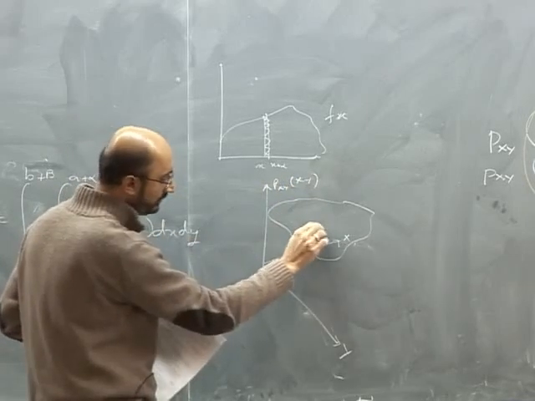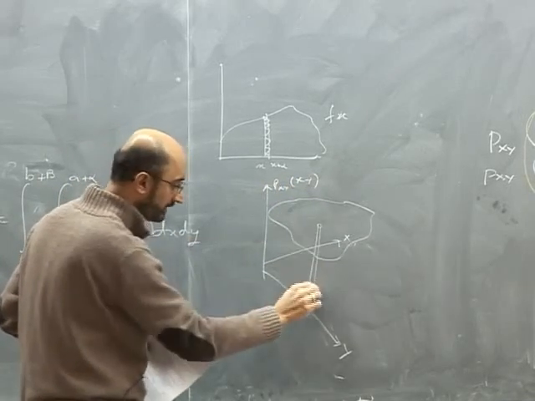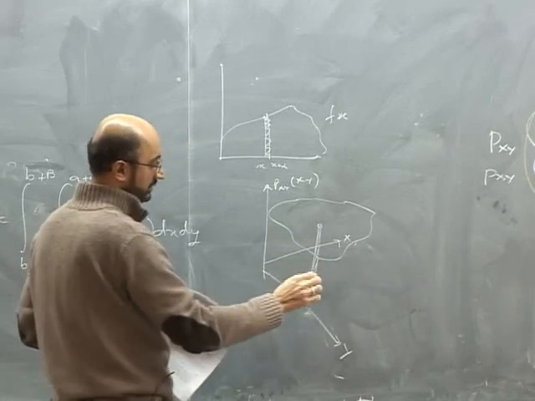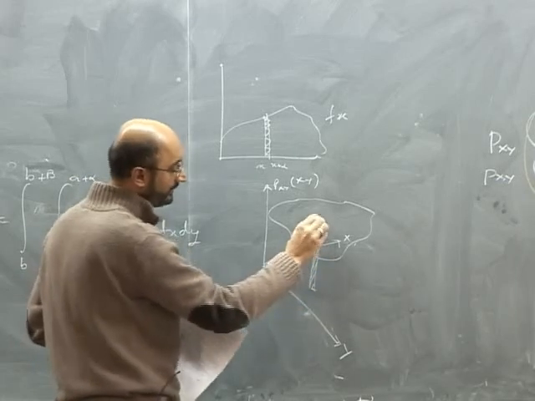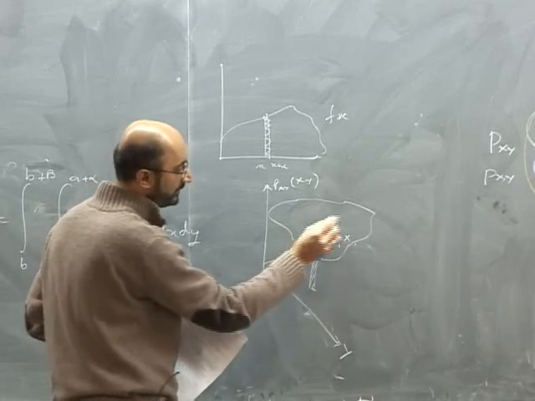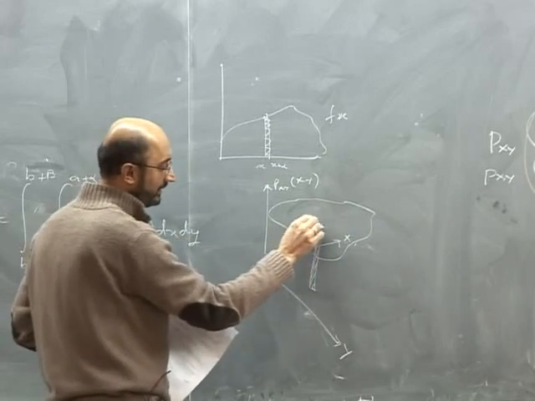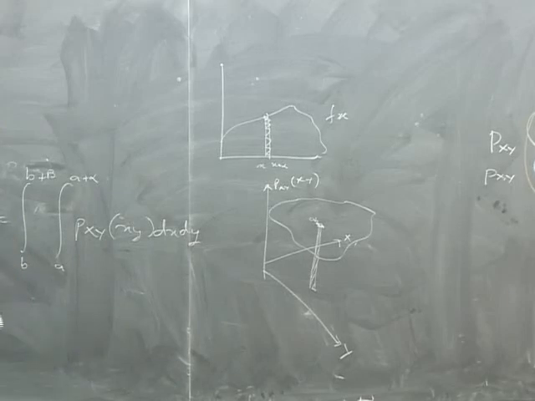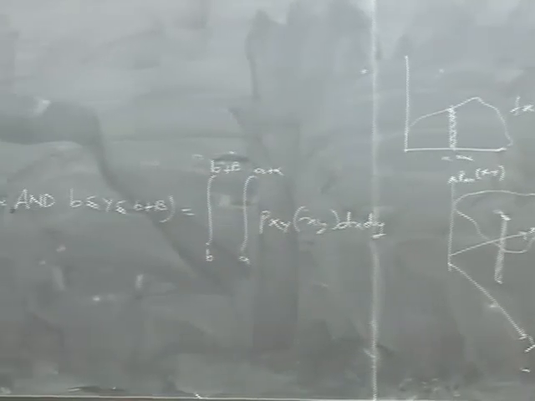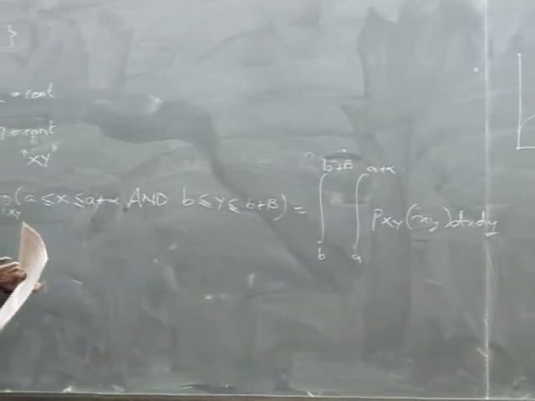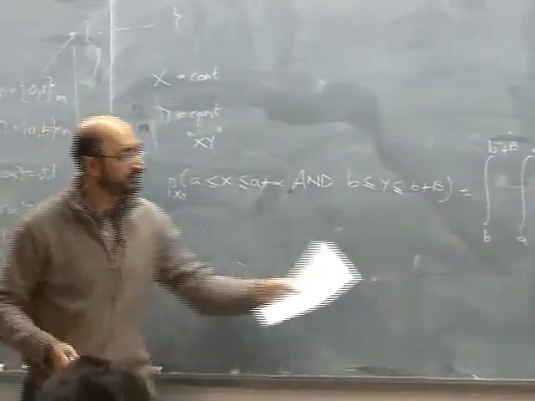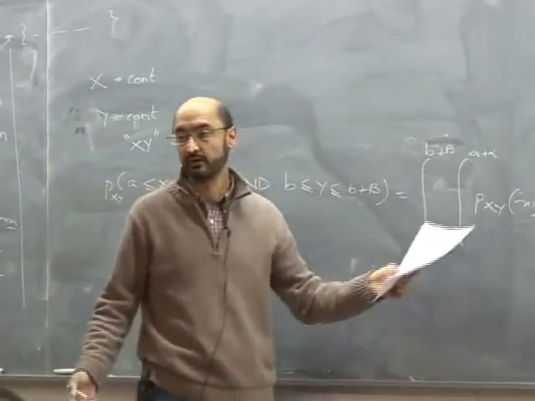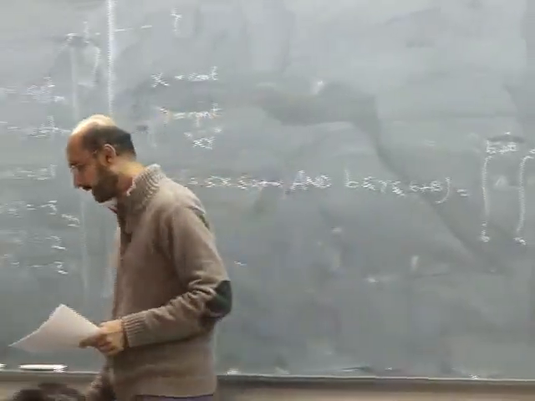We take some small region, from a, b to a plus alpha, b plus beta, and we look at the volume over it. That double integral tells us the amount of probability in that region. This is the definition for continuous random variables.